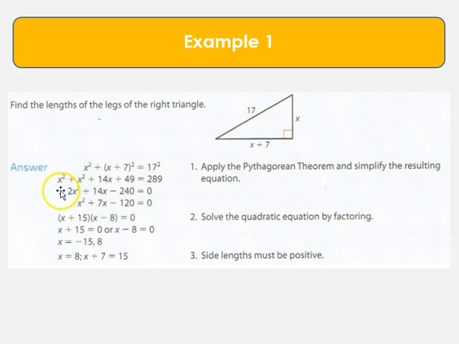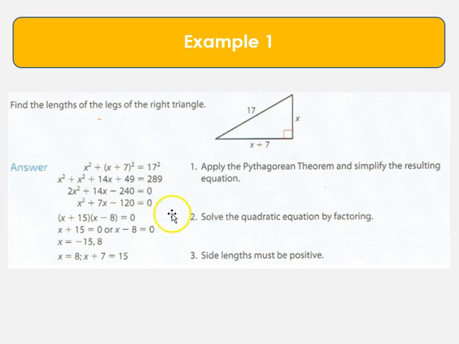This is a quadratic equation, and what we're going to do is set it to 0. So that 240, which was positive, we're going to now bring it over to the left, make it negative, equal it to 0, and then we're going to look for any like items that we can reduce this by, and we can divide each one of the terms by 2. So we end up with x squared plus 7x minus 120 equals 0.